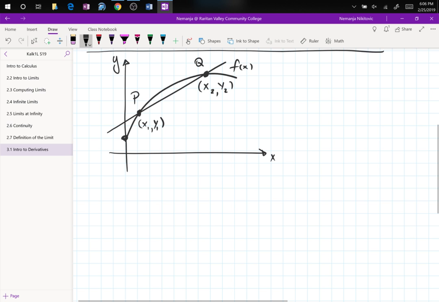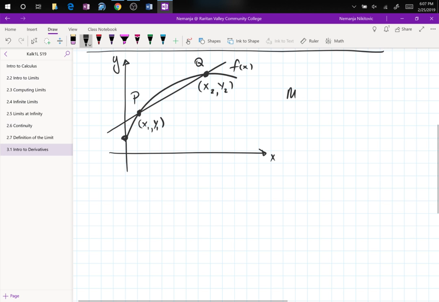This line would be called a secant line. In Greek, secant means to cut. This line cuts through the function, so we call it a secant line.